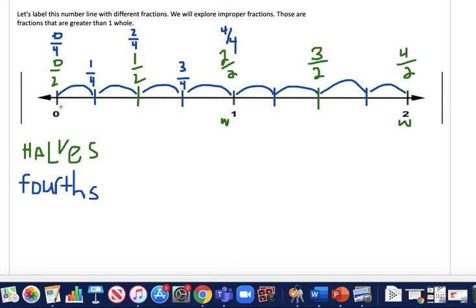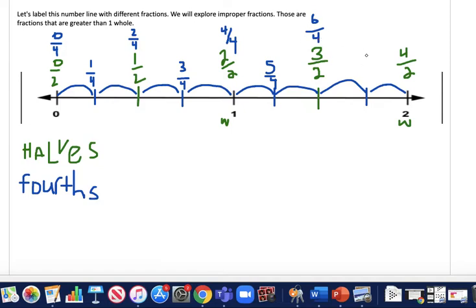So I could start it all the way back from 0, but I know that one whole, when we're talking about fourths, is 4 fourths. So the next jump would be 5 fourths. Next jump would be 6 fourths. Remember, the denominator is not changing. Denominator tells us how many equal parts between each whole.